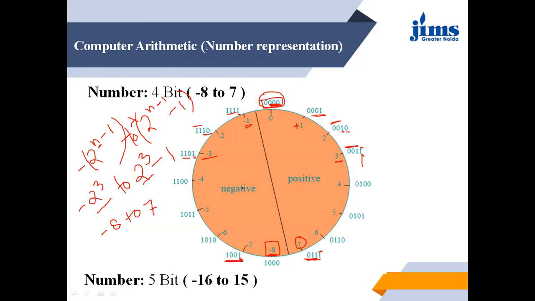This is the reason that on the negative side it goes from minus 1 to minus 8. When we have a 5-bit number, then the values will be from minus 16 to 15, as we saw in 4-bit that the values are from minus 8 to 7.